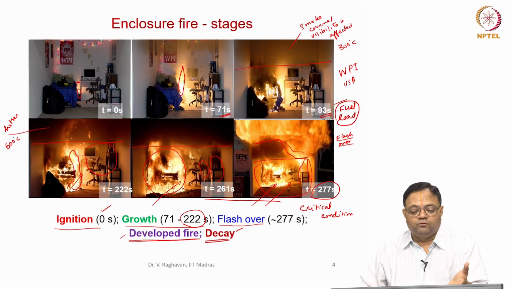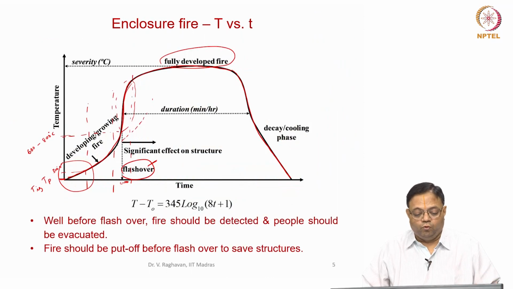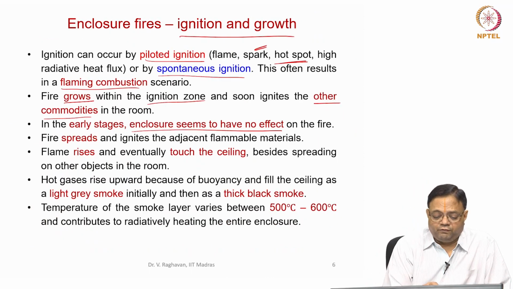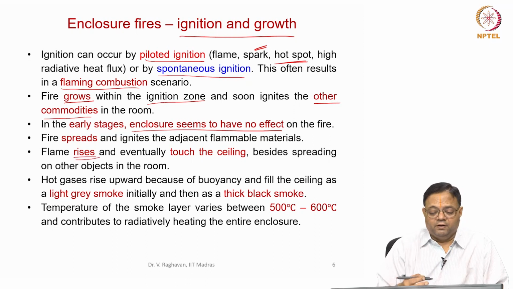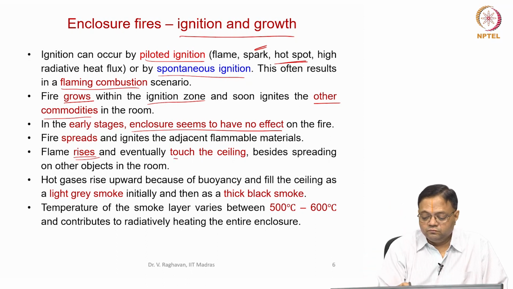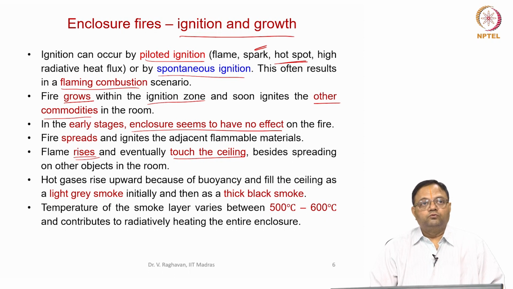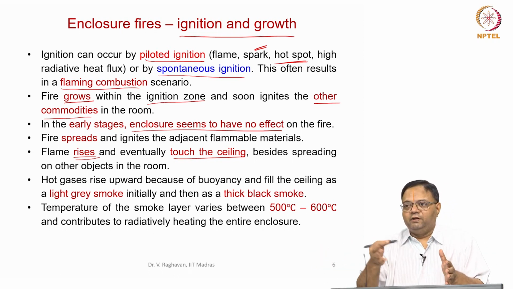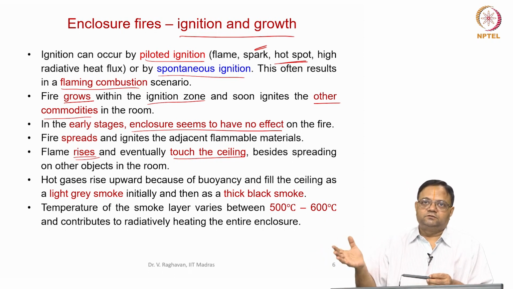Till now we can see that there is no effect of the enclosure, because normally the air entrainment is there, air comes in nicely and so on. So the flame rises, that means the flame extent increases, and the plume will go and hit the ceiling. That is, laterally between the commodities the fire spreads.